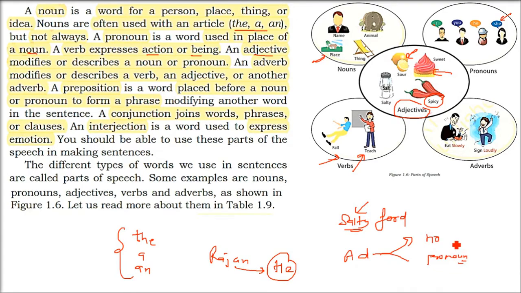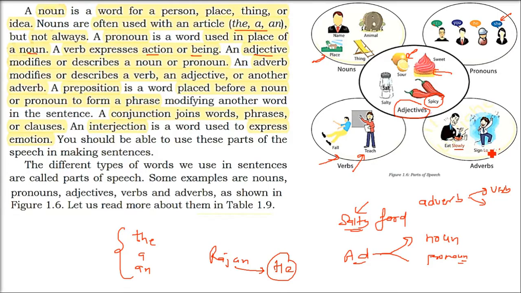Now the adverb. An adverb modifies or describes a verb, but not only a verb, it modifies and describes an adjective also, or it can also modify and describe or give meaning to another adverb. Examples: eat slowly, sing loudly, work there, work calmly.